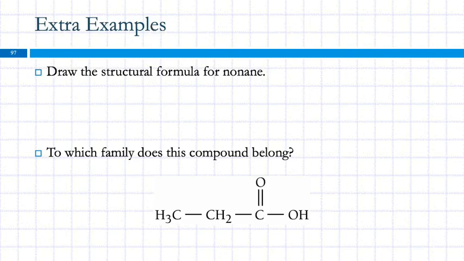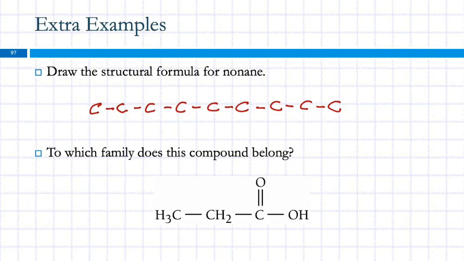So in the absence of any other information, we're just going to put them in a line. 1, 2, 3, 4, 5, 6, 7, 8, 9. That's the math that we do in organic chemistry. It's a lot of counting of carbons. The ane suffix tells me that they are all single bonds.